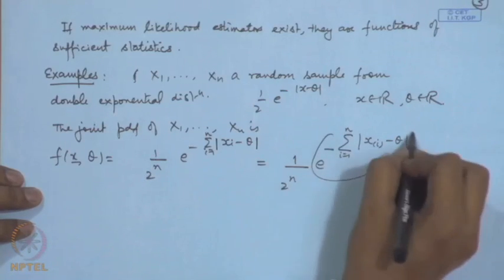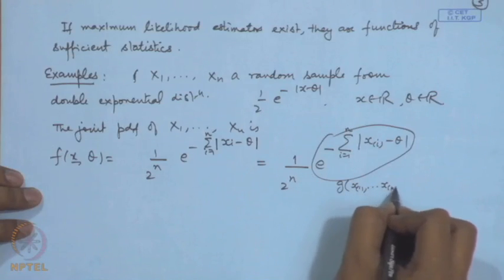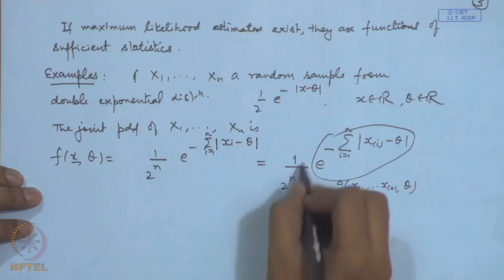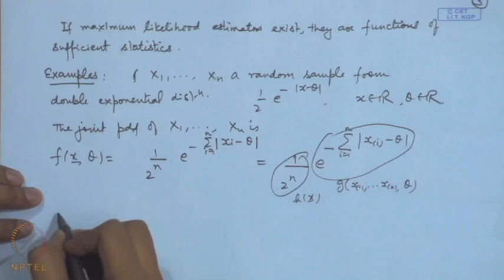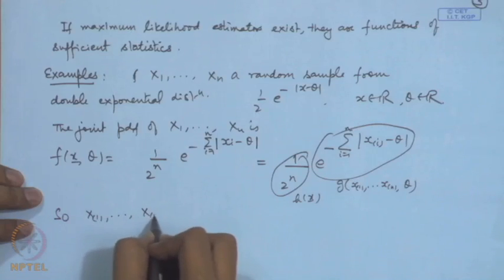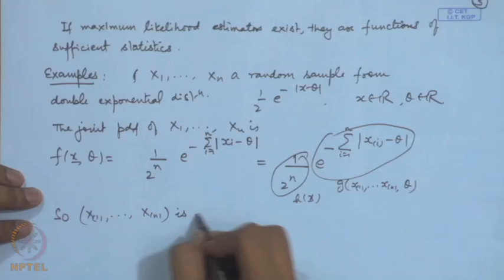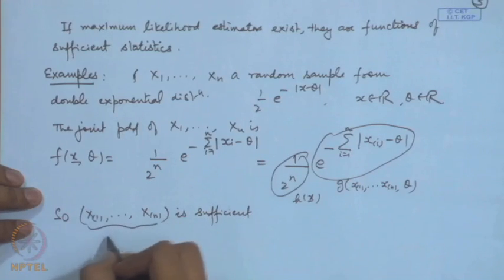So, this function is now a function of the order statistics and theta, and this we can call h x. So, we conclude that the order statistics x 1, x 2, x n is sufficient.